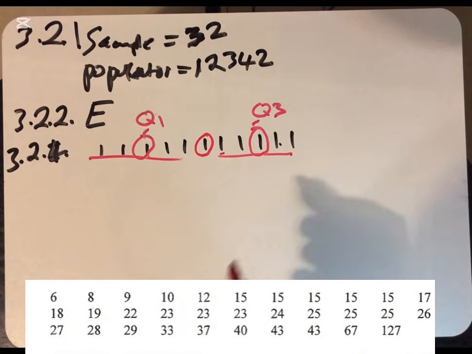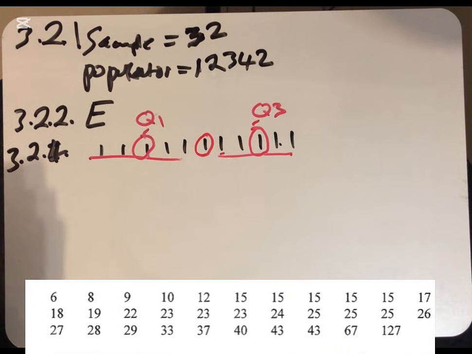So now they want you to find the Q3. What we need to do here is to first identify our median number. So if you can check here, we're having 6, 8, 9, 10, 12, 15, 15, 15, 15, 15, 17, 18, 19, 22. So all these numbers are 32.